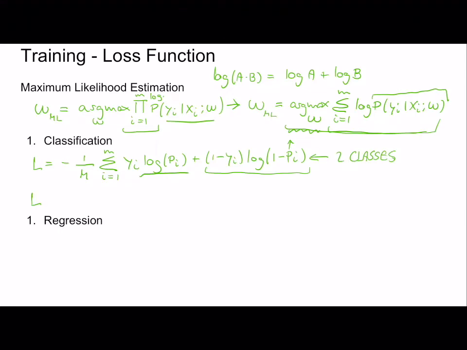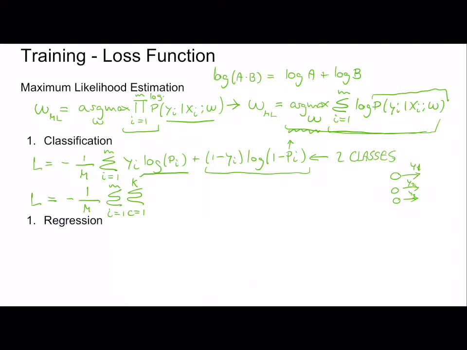For a multi-class classification problem, we have a very similar equation, but now we need to sum not just over all our samples, but also over all our classes, c equals 1 to k. Because now, if I have 3 classes, I will have 3 outputs: y1, y2, y3.